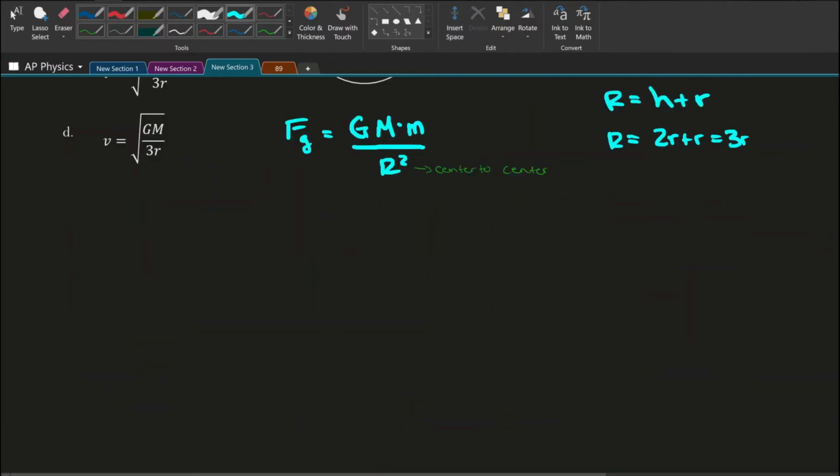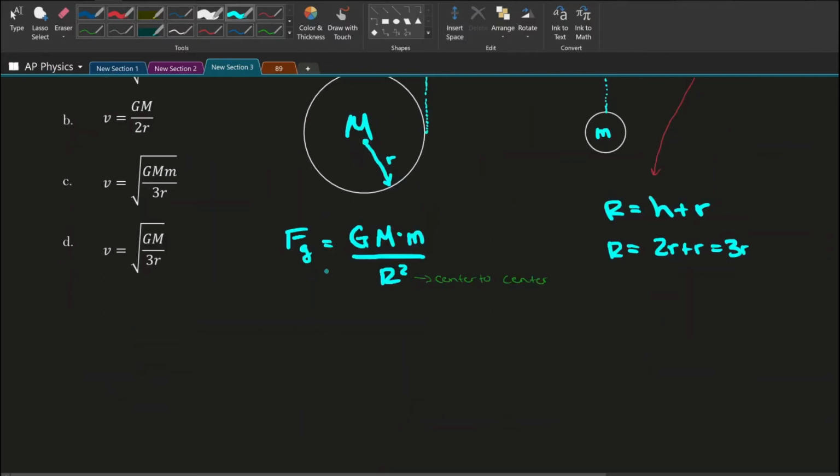So now we're just going to draw a free body diagram on our satellite. So here's our satellite, mass m. The only force that's acting on this is a gravitational force pointing towards the center of its rotation. If this is its path, the gravitational force is pointing towards the center.